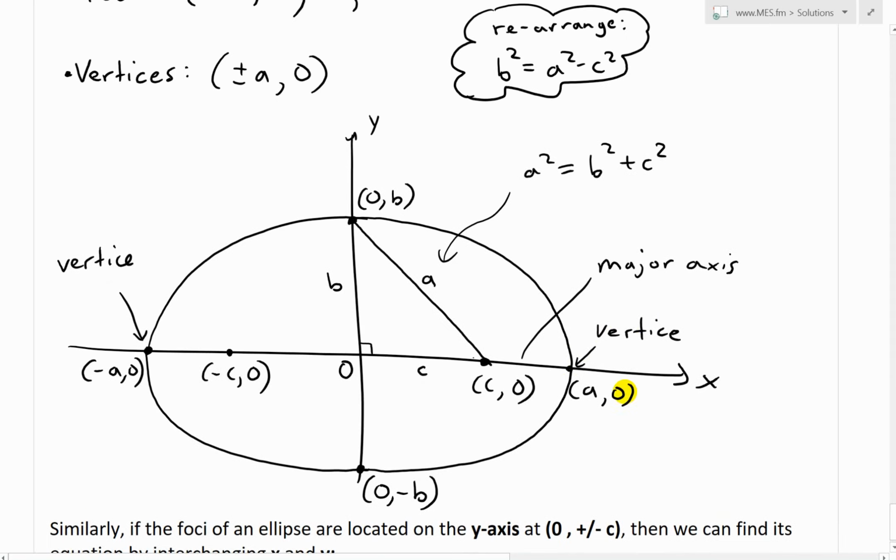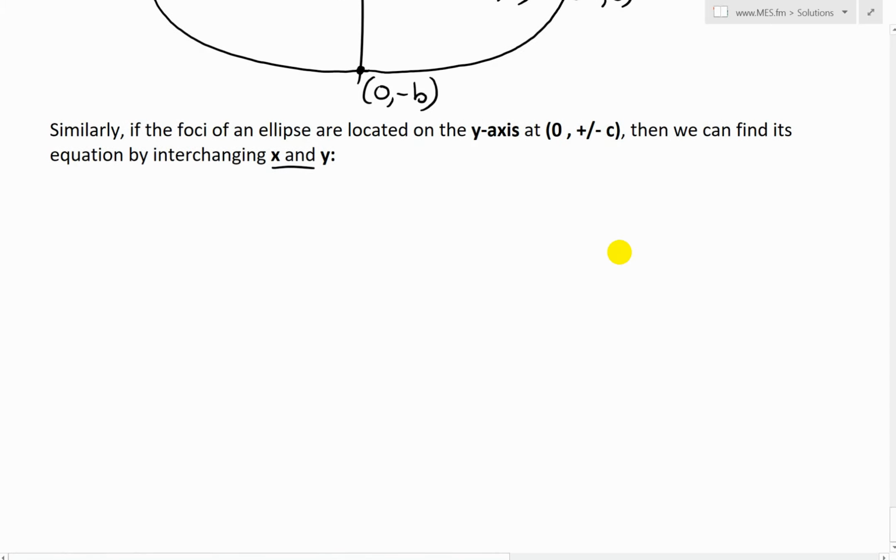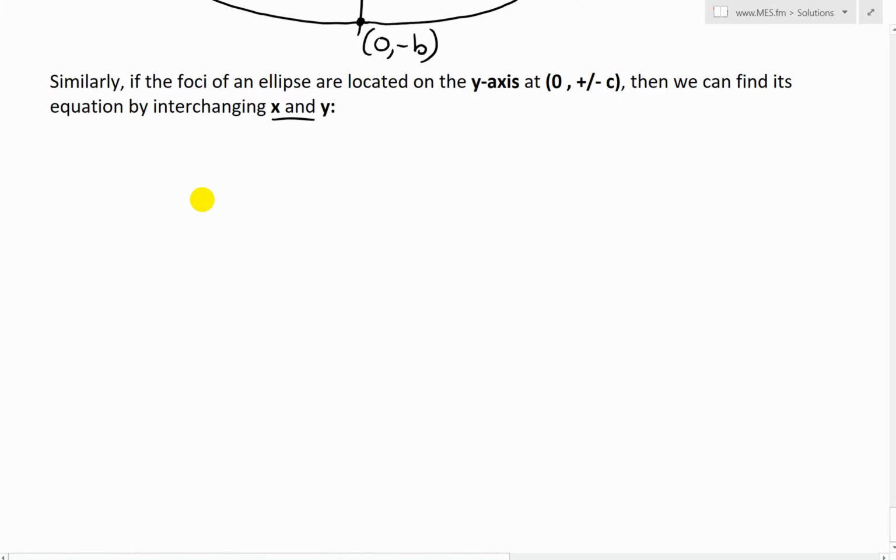And now similarly, if the foci of an ellipse are located on the y-axis instead of the x-axis, so at (0, plus or minus c), then we find its equation by interchanging x and y. So what we'll have now is y squared over a squared plus x squared over b squared equals 1.